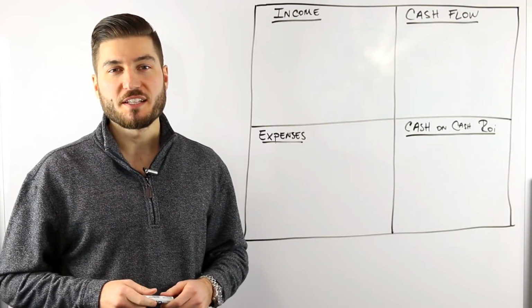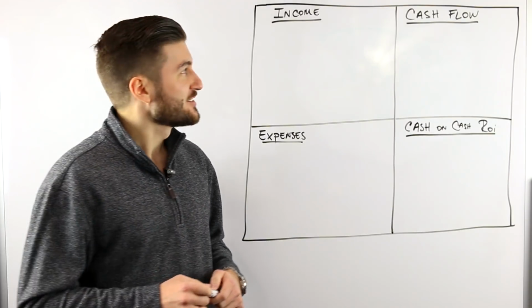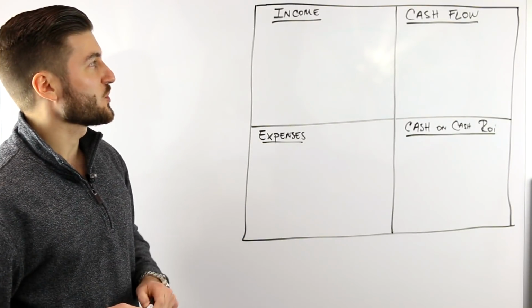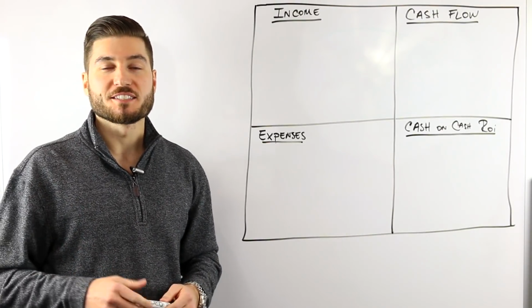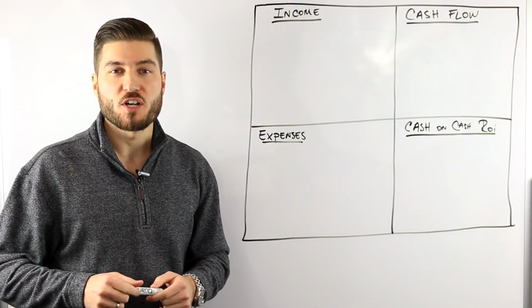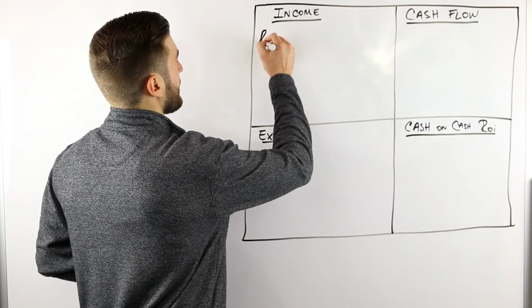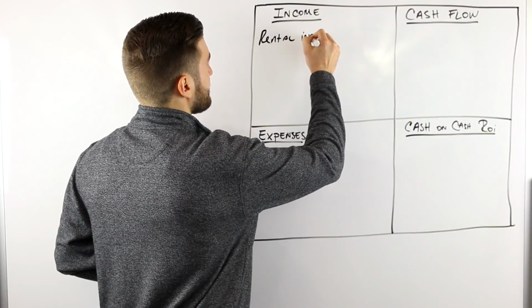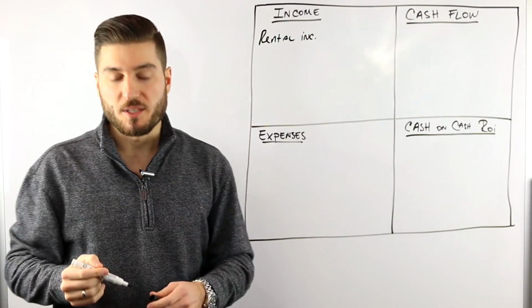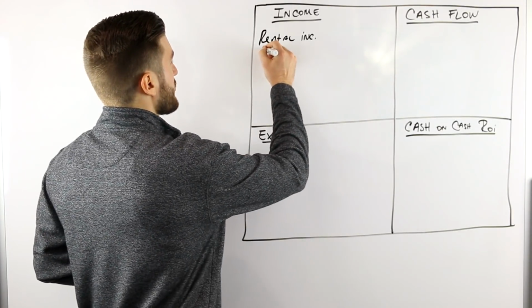So I'm going to jump right into the numbers and I don't want to waste anybody's time, so let's get to it. As you can see here in our first square, we have what's called income. Income is pretty obvious. It means the money that the property generates. Most people think that income comes from rental income. Obviously, that's probably going to be one of your biggest sources of income, but we also have things like laundry.